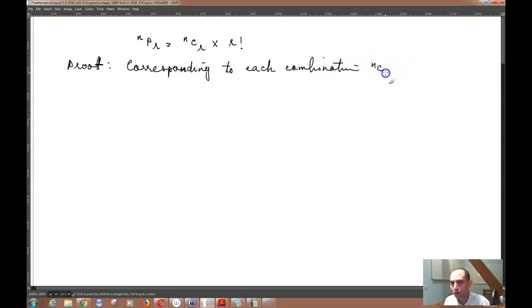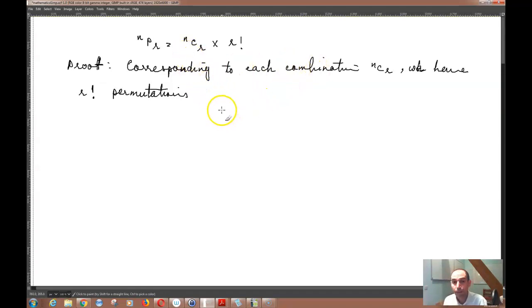I'm sorry, R factorial permutations, because R objects in every combination can be arranged in R factorial ways.